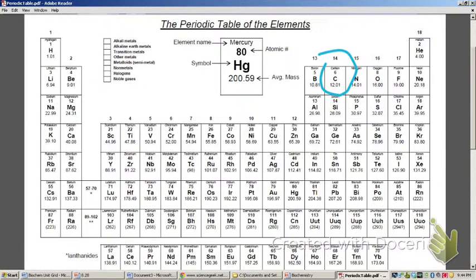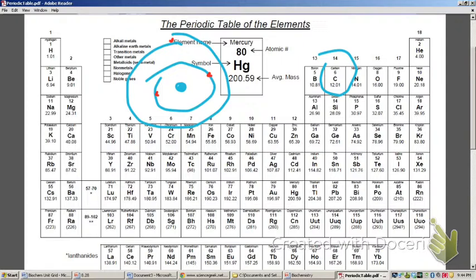In the first orbital you can only have 2 electrons floating around. When we add our second orbital, 6 minus 2 gives us 4 free electrons in here. This second orbital can actually hold 8 total electrons. So the first orbital can hold 2, the second one can hold 8.